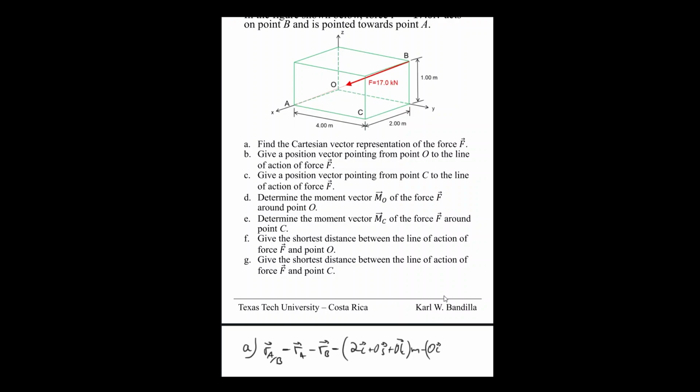We go in the y direction, so plus 4j. And then we also go 1 meter in the z direction, so plus 1k meters.